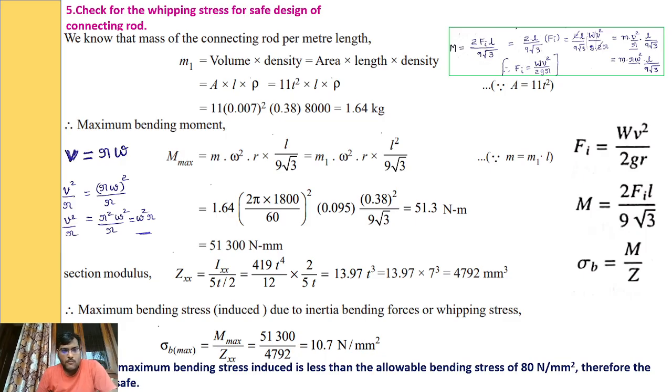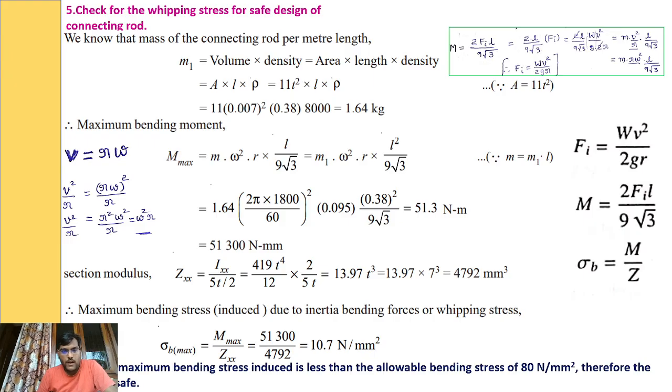Now, here I want only the M value. That's why I have replaced M with M1 into L, where M1 is the mass per unit length. So in place of M, I have written M1 into L. Here L is there, so L square.